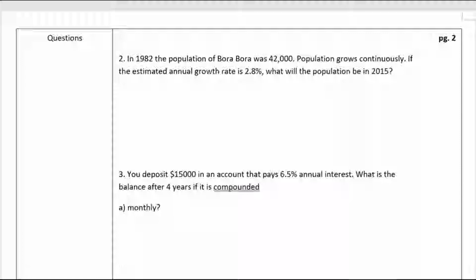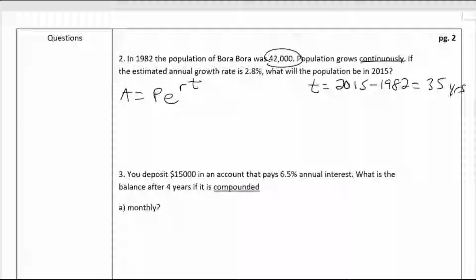We have to figure out how long it is between 1982 and 2015. If we subtract those two years, we get 35 years, and that is our time. We know it grows continuously, so we're going to use A equals PERT, P E to the RT.